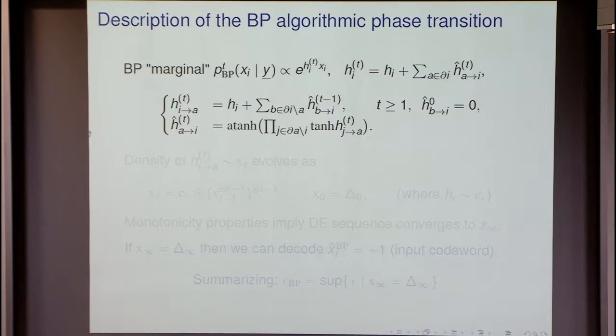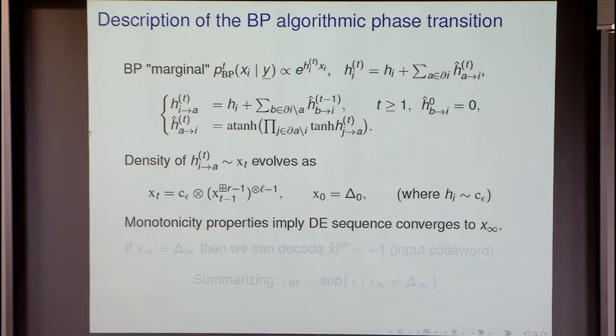And thanks to these update rules, you compute an effective log likelihood associated to bit i that you want to decode. And with this log likelihood, you can compute a kind of marginal of your measure, that's the BP marginal, and then you take your decision according to this marginal, whether this h_i at time t is positive or negative. You fix the bit to +1 or -1.